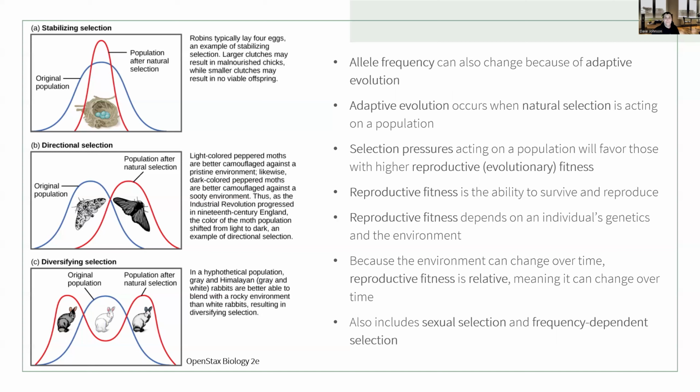It is a function both of an individual's genetic makeup and the environmental makeup. While individuals can't change their genetic makeup, the environment can change. What's good today in terms of reproductive fitness may not be good tomorrow, and things that aren't favored today could be favored later on if certain conditions change.